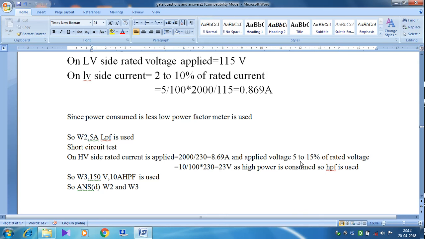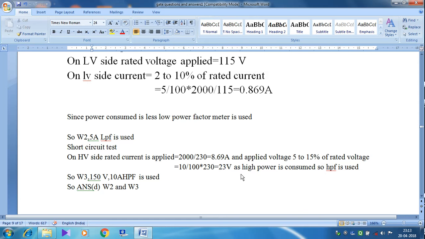Only by giving 5 to 15% rated voltage we get the rated current. Here it is given 5 to 15%, and I have taken 10% of rated voltage, that is 10 by 100 into 230, which is equal to 23 volt.